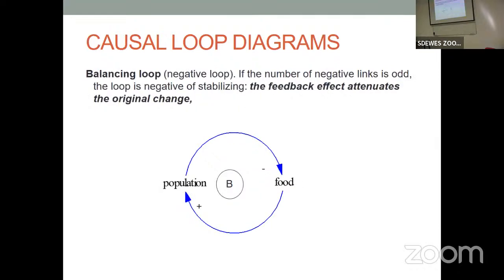But usually we have some limit with the food. For example, on an island with a population of rabbits and a limited quantity of food, the food establishes the limit for the number of rabbits that can live on the island. This is what we call carrying capacity in an ecological system.